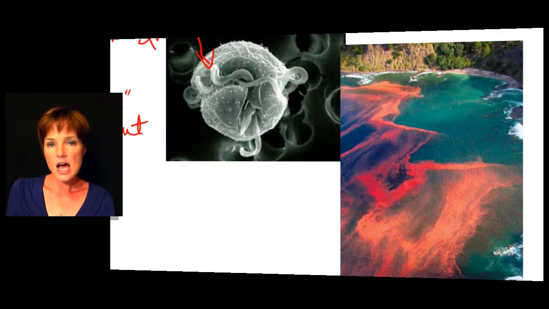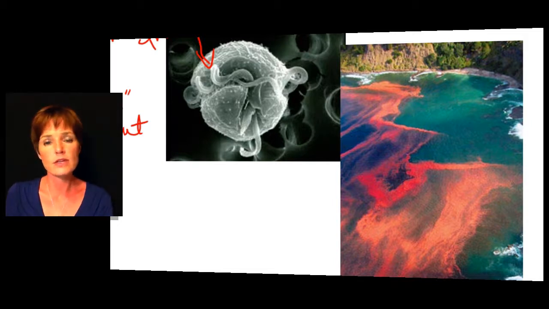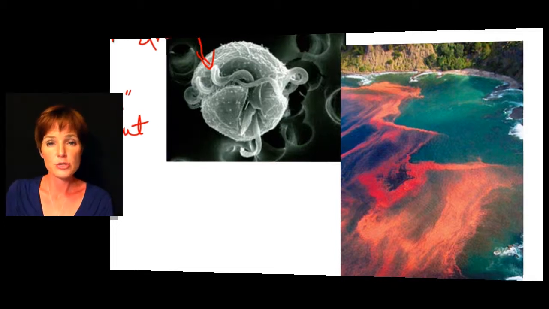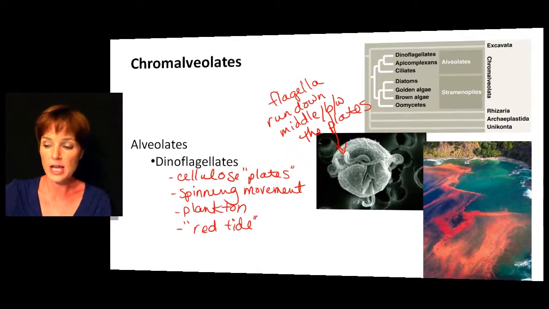These happen to have a red pigment inside of them. It's a carotenoid pigment, and that produces that red coloration, which is where the name red tide comes from. The problem with this is that dinoflagellates also produce some toxins which cause a lot of kill-off for marine species. So this is definitely not a good thing when we're talking about red tide events, but without the overgrowth of them, they are a very good source of plankton for marine animals.